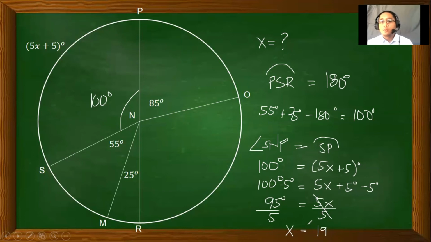Now, let us check if they are congruent. If we substitute the value of 19, which is the x, to the given expression, which is 5x plus 5, so 5 times 19 plus 5, we have 95, plus 5.